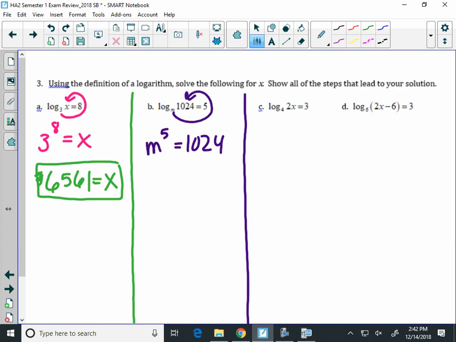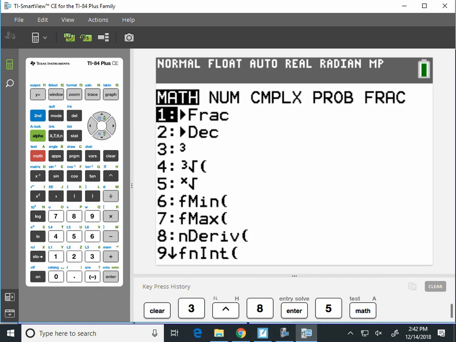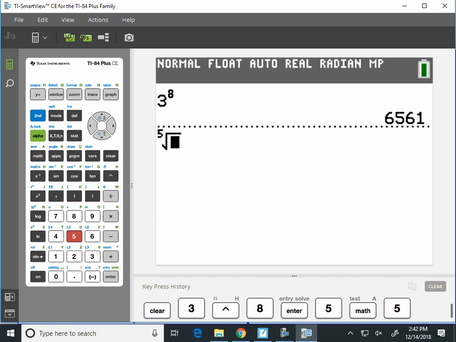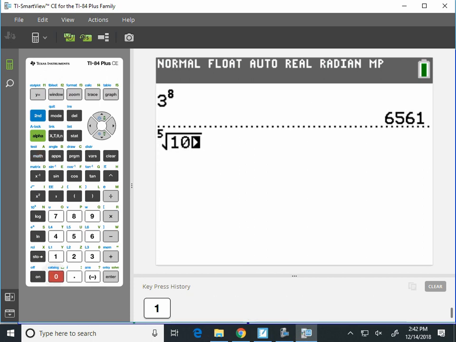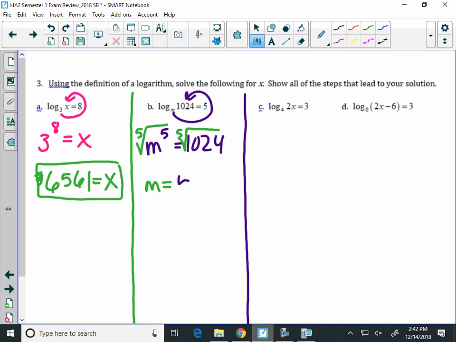Now, if you remember your exponents, this one's not too bad, but if you don't know what to the 5th is 1,024, you're going to take the 5th root of both sides, which on the TI-84 calculators, you hit the number 5 for the 5th root, then you go to math, and you choose option 5. That turns it into a 5th root of 1,024. It tells you that that value is 4. So m equals 4 here.